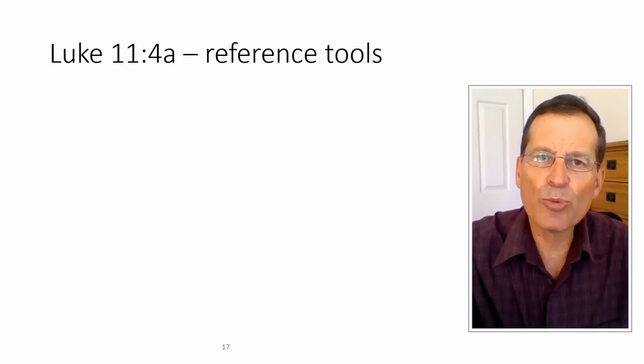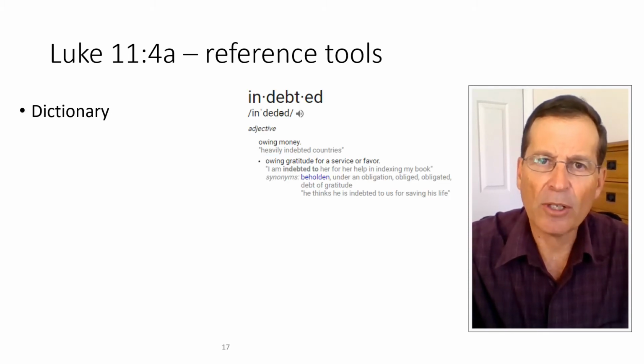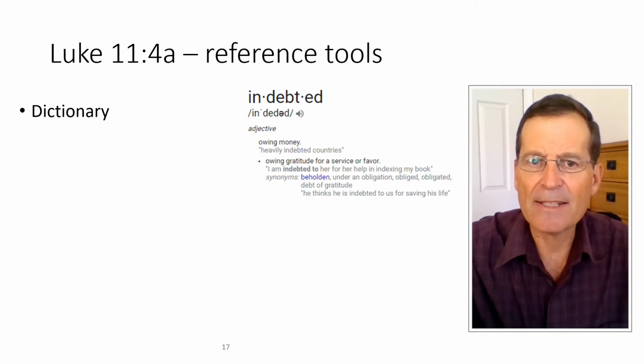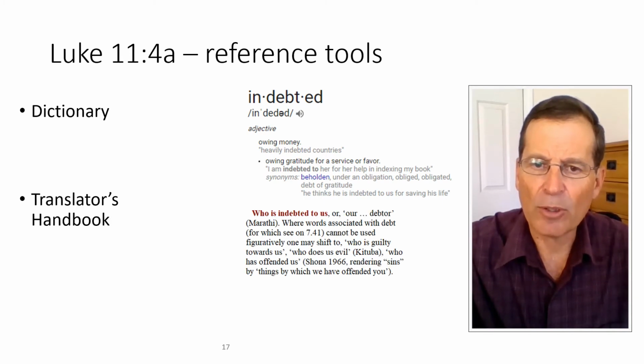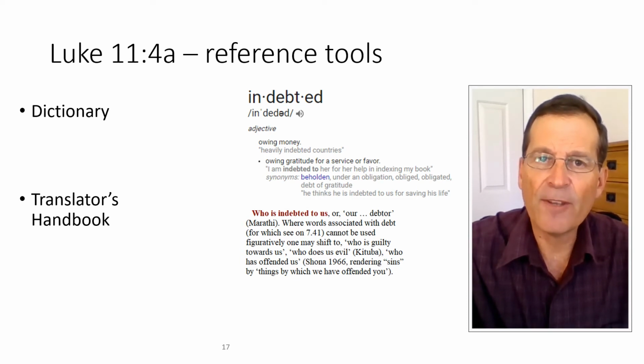If we look at this word in a dictionary, we see that the main definition of the word indebted is owing money. Translator's Handbook has a note saying, "Where words associated with debt cannot be used figuratively, one may shift to who is guilty toward us, who does us evil, or who has offended us."